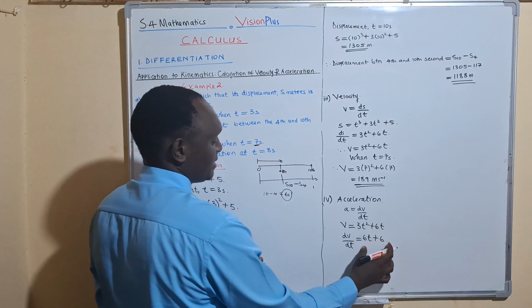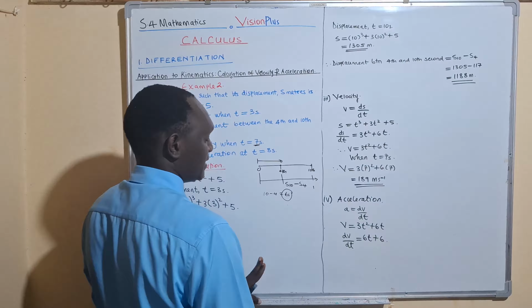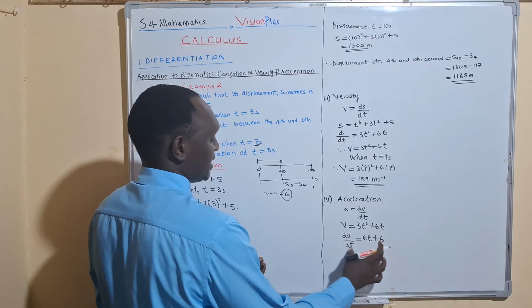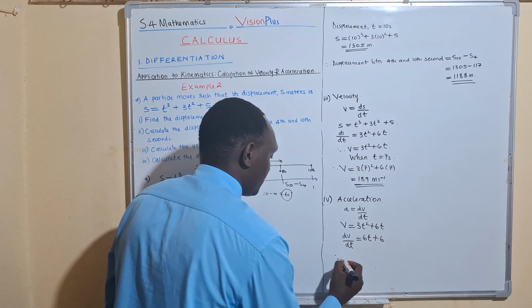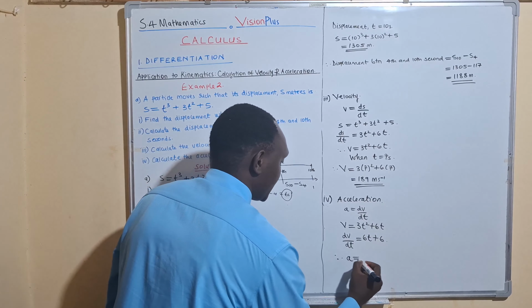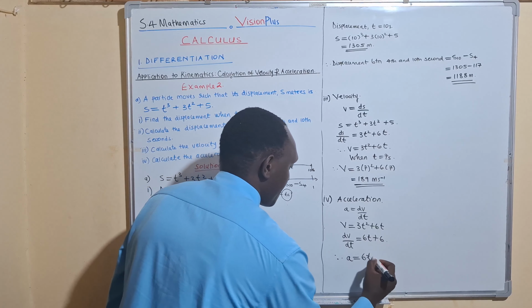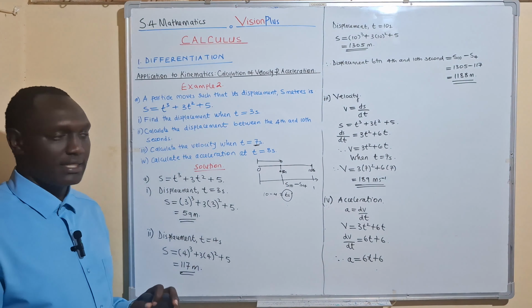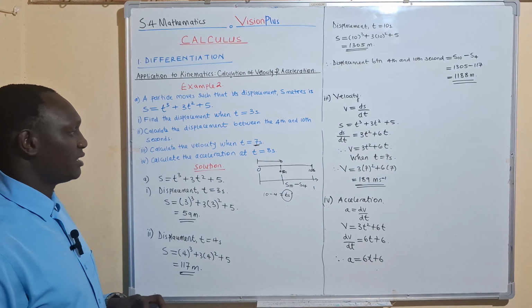So this is the rate of change of velocity at any time. And by definition, acceleration is the rate of change of velocity. Therefore, our acceleration at any time is 6t plus 6. That is the expression for acceleration at any time of the motion.